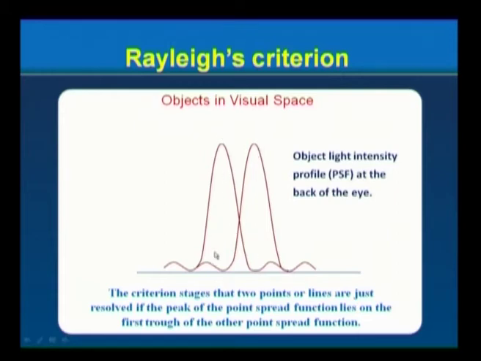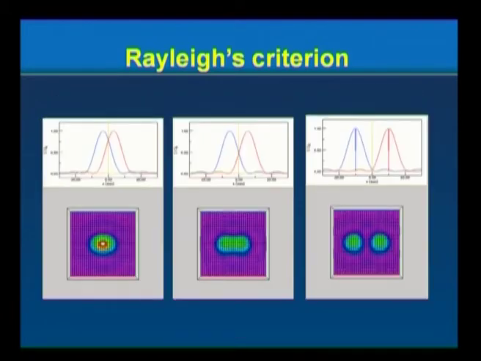The light coming from the first object, light coming from the second object. So, the important point is the minimum of the first should coincide with the maximum of the second. You have the minimum here and the maximum here. They should coincide. On the other hand, if they come closer, then the resolution will be lost.